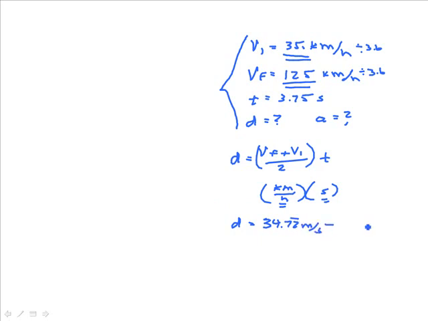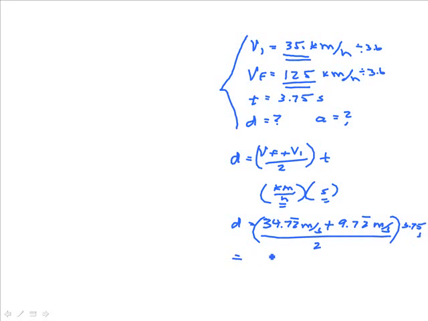That's the final velocity in meters per second, and the initial velocity is 35 divided by 3.6, which is 9.72 meters per second. We add them, divide by 2, and then multiply by time, 3.75 seconds, and now we'll get a solution.